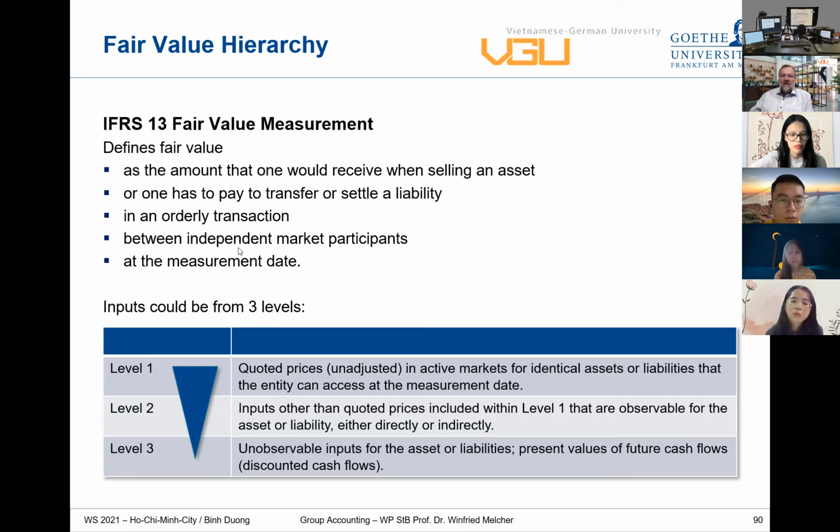And those should be between independent market participants. So if somebody is going to hold a pistol to your head and saying, please sell me this car for $1 US, that is not independent, right? And they are not market participants.